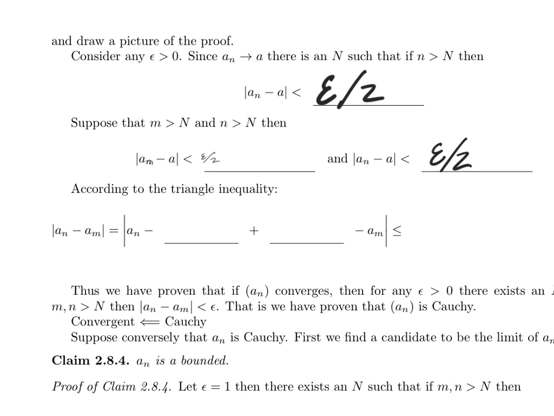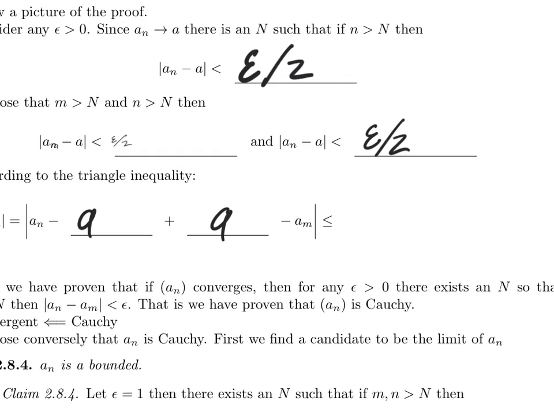So this statement right here says a is close to a sub m. It says here that a is close to a sub n. So let's just use that. That says that you should add and subtract a and use the triangle inequality, because that means this will be small and this will be small. So when you add them together, you'll still get something that is small.